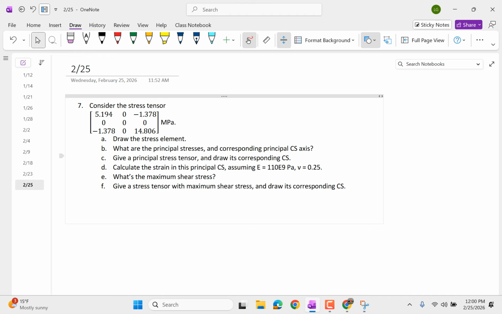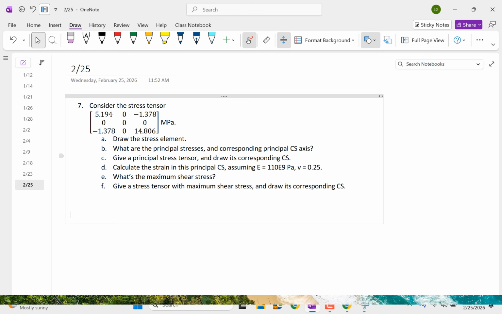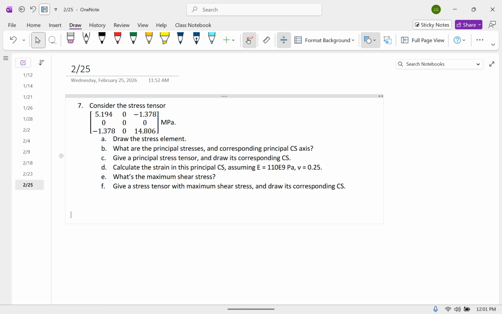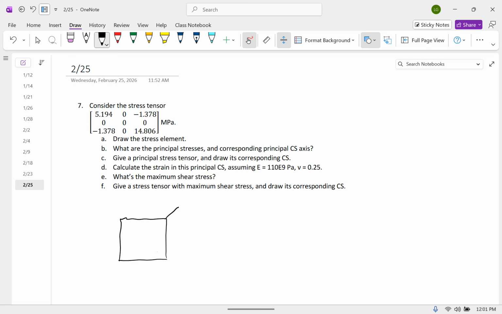Okay, so number 7. So we're given this stress tensor. And first it says to draw the stress element. We have positive 5.194 there.